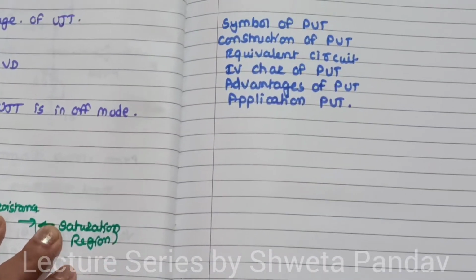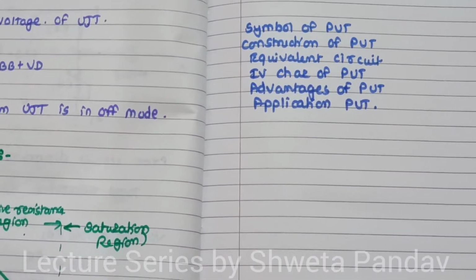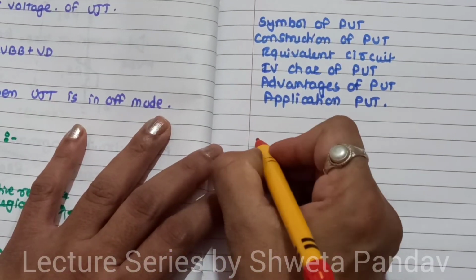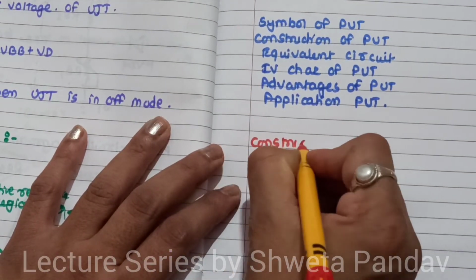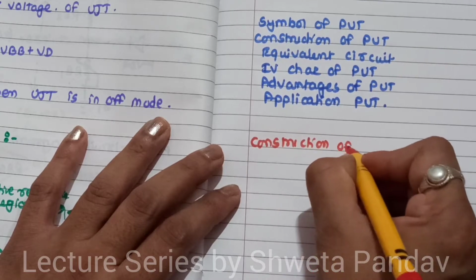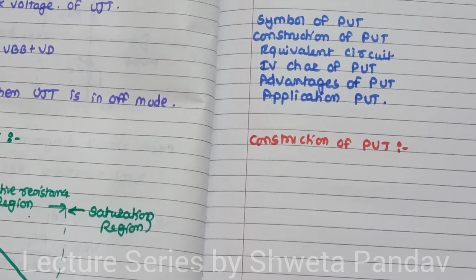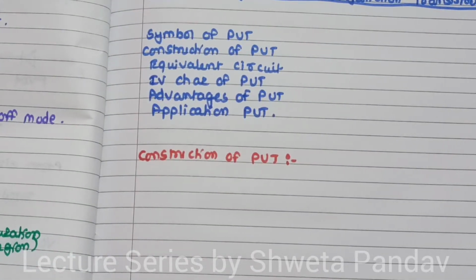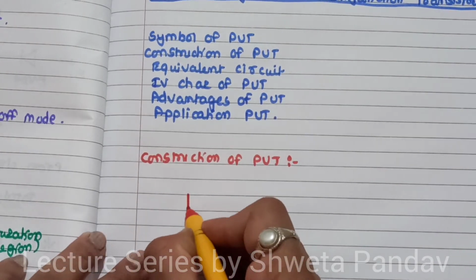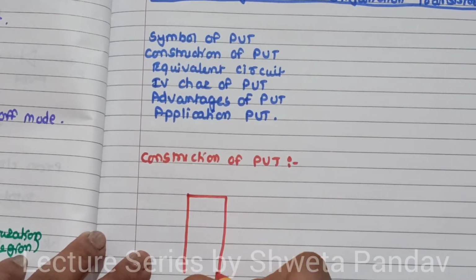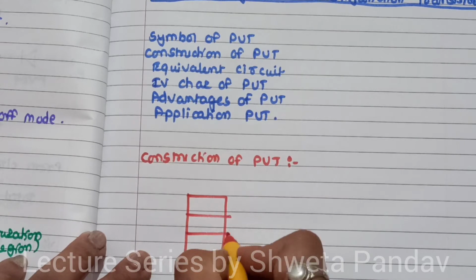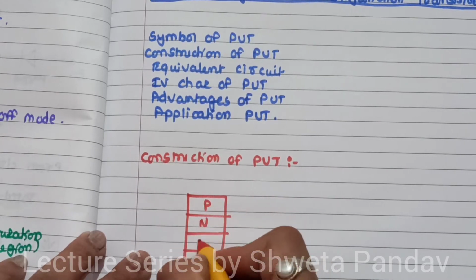Let us draw the construction of PUT. As we had seen in UJT, PUT also is a triggering device. It is similar to the SCR.